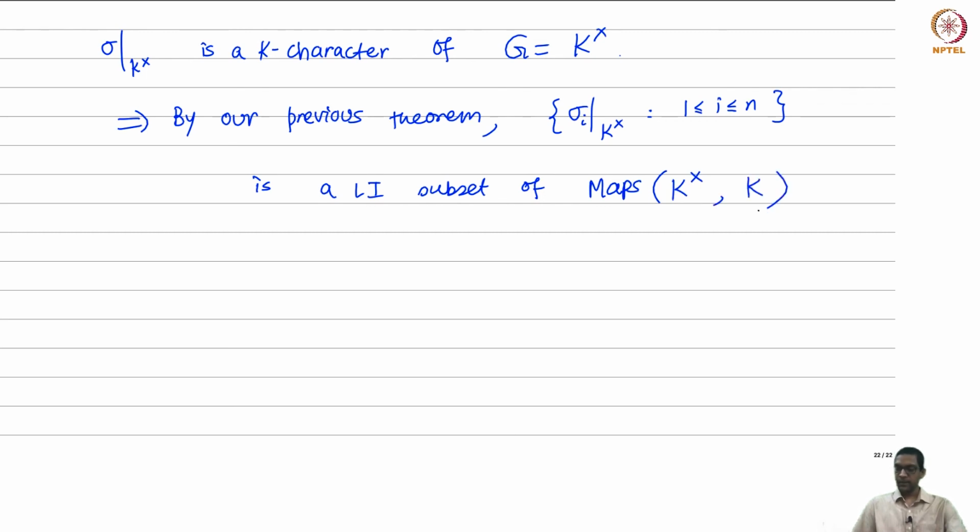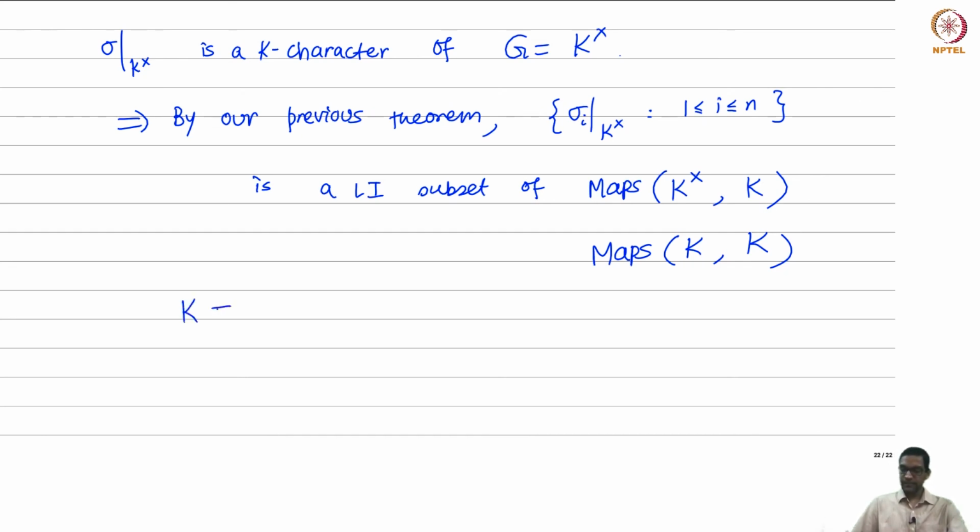But that's more or less all that we need, because observe that maps from K minus the origin to K and maps from K to K are almost the same thing. What's the extra point? K only has one additional point.